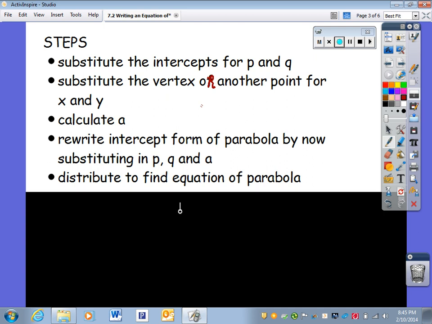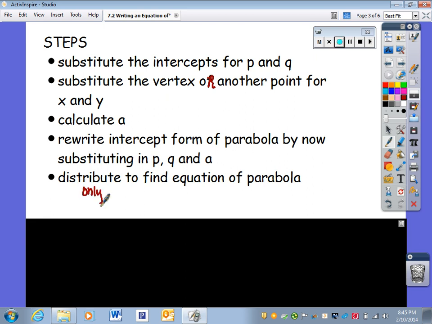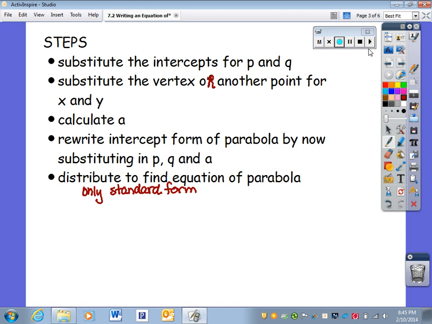Then make sure to distribute to find the equation of the parabola if we are doing standard form. That's only for standard form, and we'll be doing that in the next section. So for right now, we're going to leave these in intercept form, unless they ask us for standard form, then we will distribute.